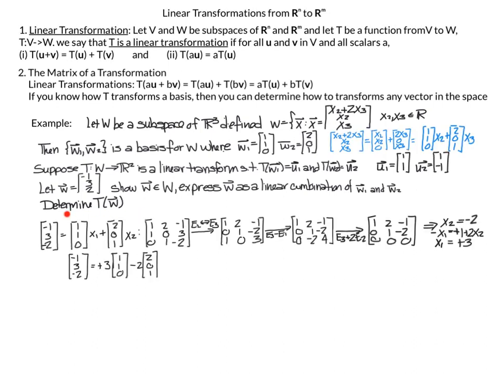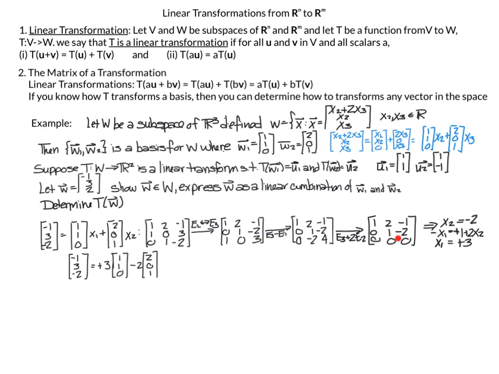So here we have how we determine w, (-1, 3, 2), as a linear combination of our two basis vectors (1, 1, 0) and (2, 0, 1). What we do is we solve the augmented matrix, with columns (1, 1, 0), (2, 0, 1), and (-1, 3, 2).